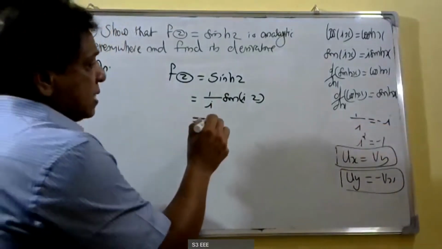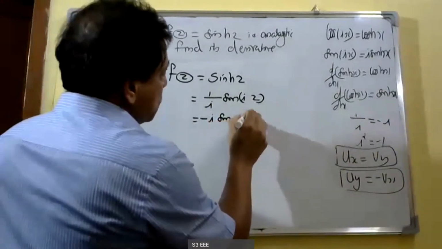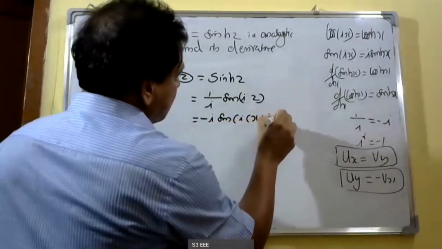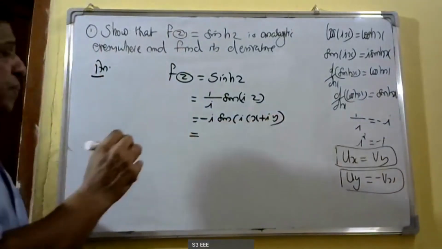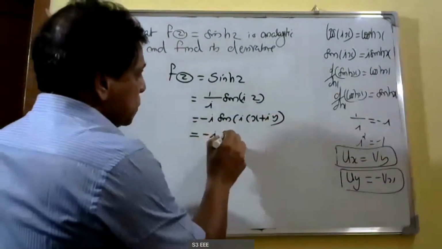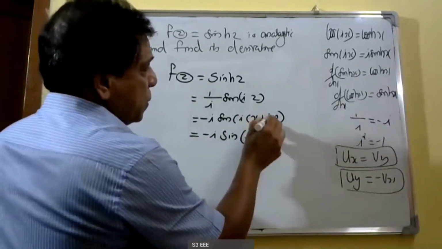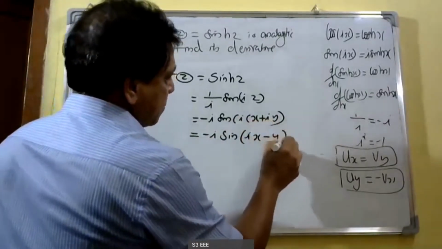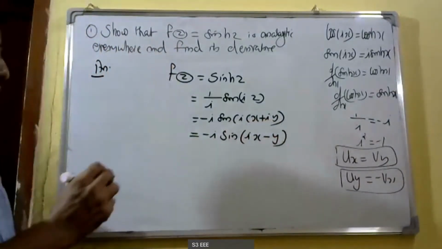Then sin iz can be taken as sin i into x plus iy, that is minus i into sin of ix plus i square y, or minus y. Therefore, minus i into sin of ix minus y.